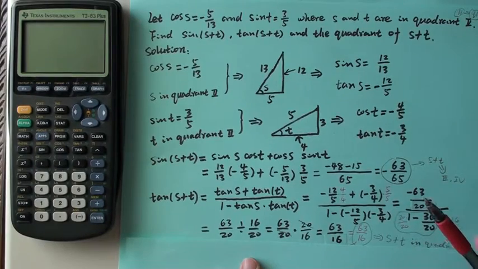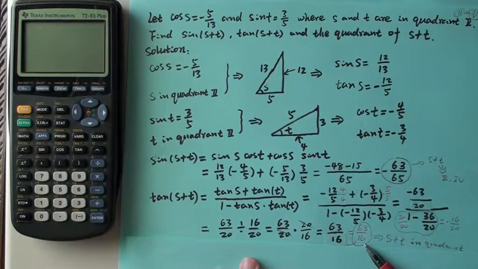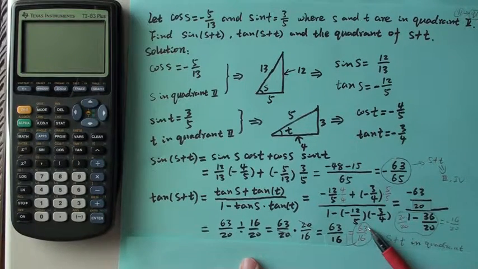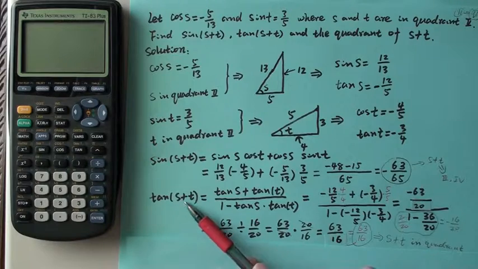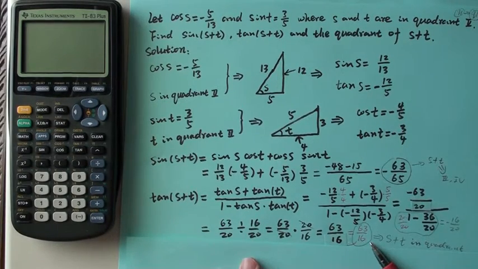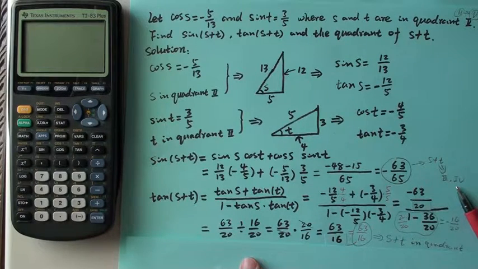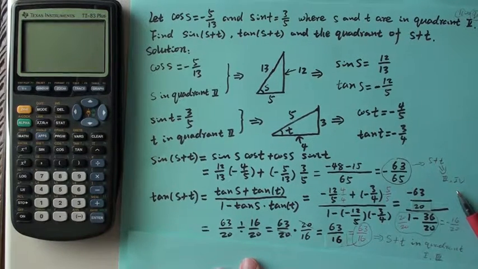Now we have 63 over 16, which is positive. Tangent of s plus t is positive. We know then s plus t is either in quadrant 1 or 3. And from the sine, s plus t is in 3 or 4 possibly.